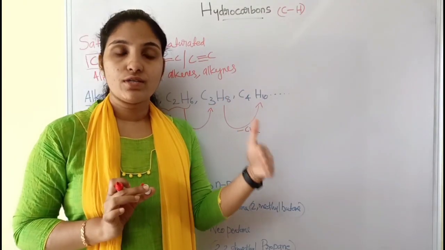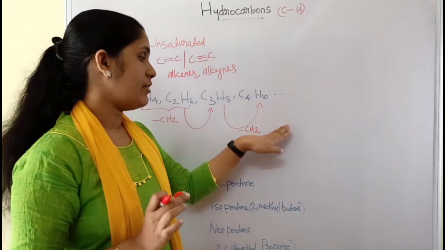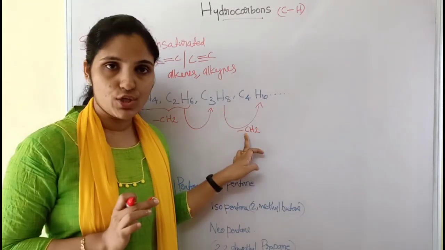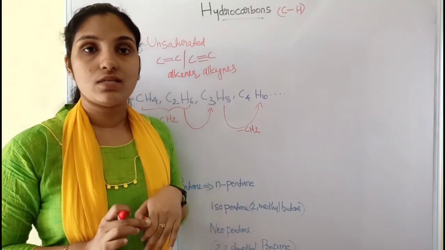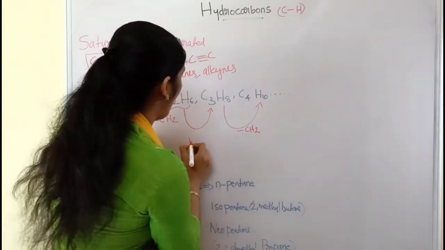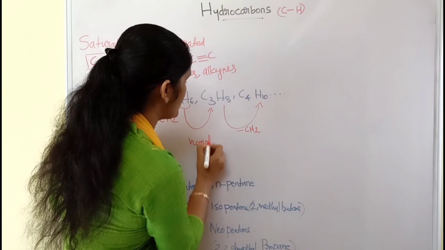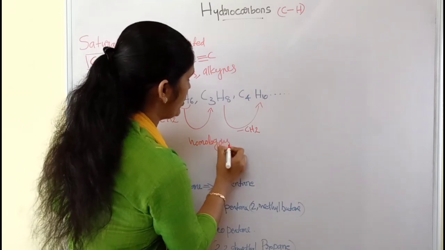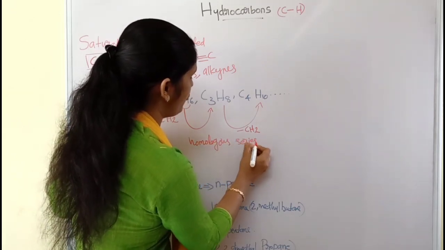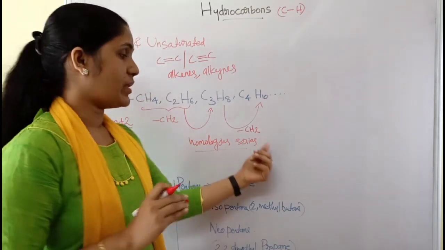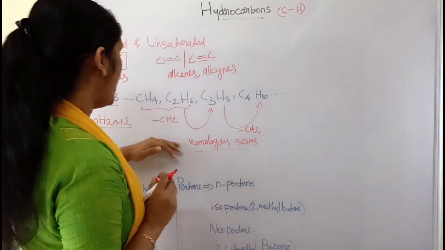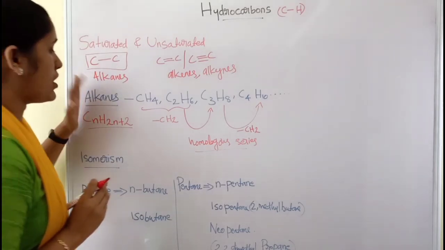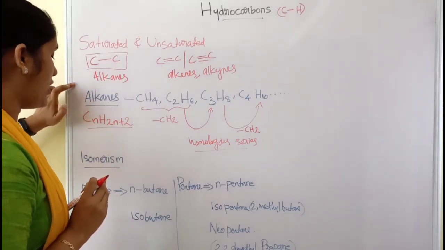That means all these consecutive members of the alkane family differ by a CH2 group. That is a common factor, and such a series is known as a homologous series. The series which differs by a common group is known as a homologous series. So this is the introduction to the saturated hydrocarbon alkanes.